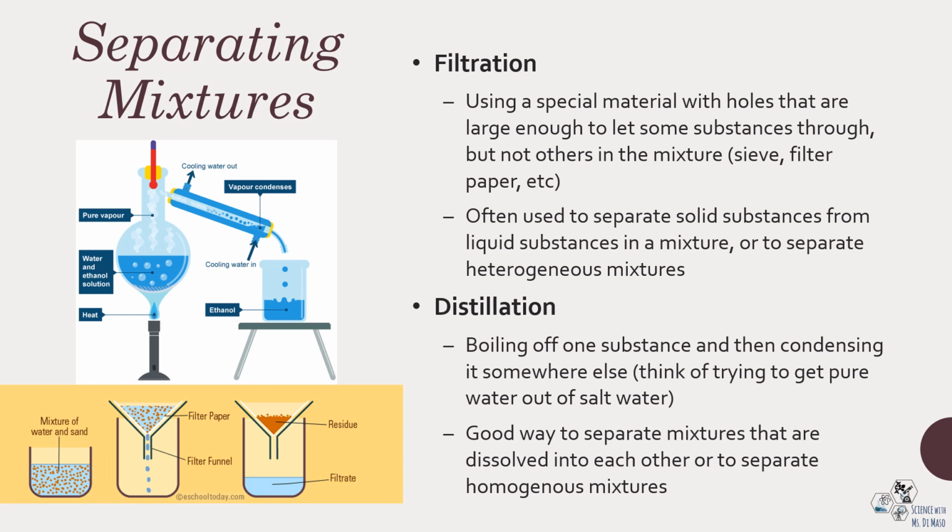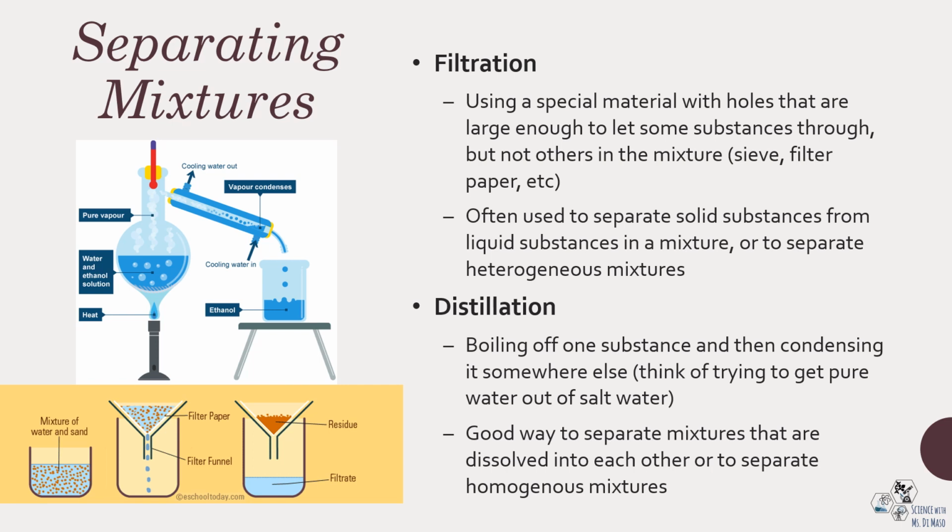Now, there's two methods that we can use to separate these mixtures, because sometimes you want part of a mixture but not the other part. So the first one is filtration. And if you make coffee at home, you are using a filter every day to separate a mixture. This is a special material, often paper with holes that are large enough to let some materials through, but not others.